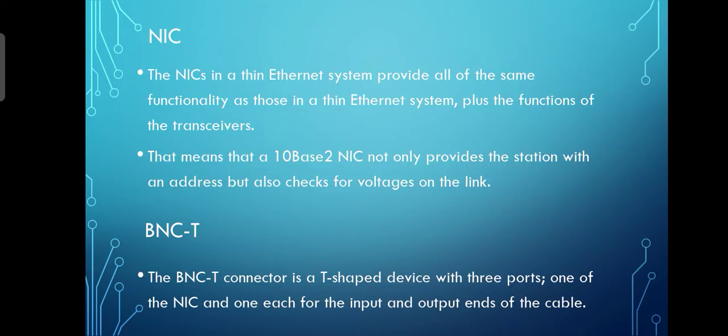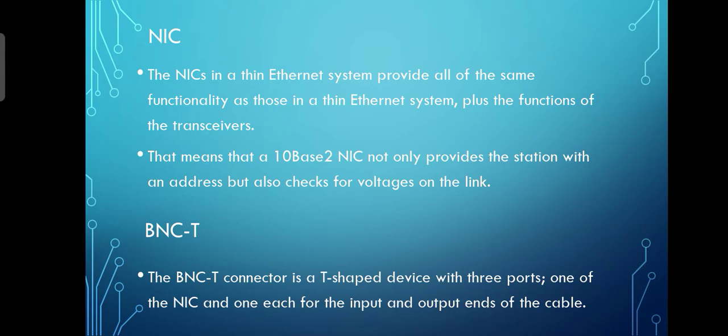Next, NIC. The NIC in a thin Ethernet system provides all of the same functionality as those in a thick Ethernet system, plus the functions of the transceivers. That means that a 10Base2 NIC not only provides the station with an address but also checks for voltages on the link.